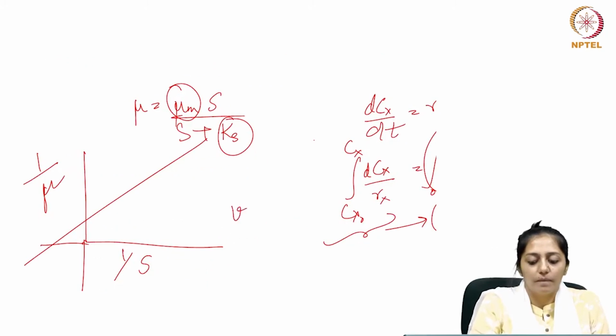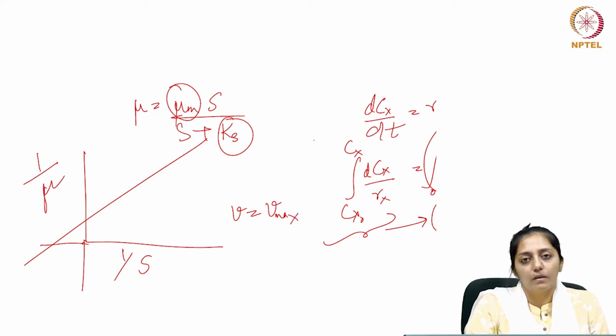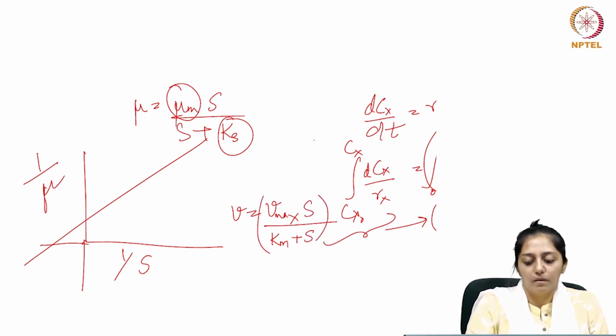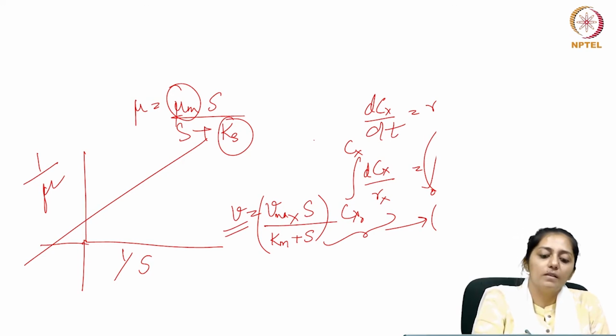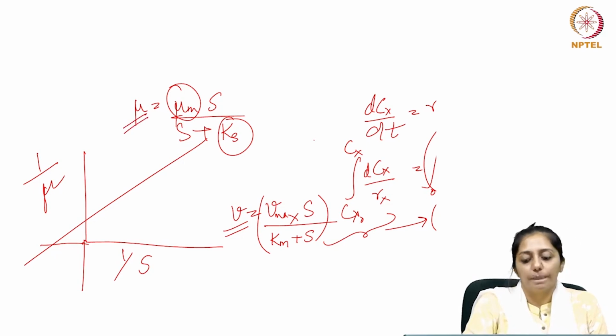Michaelis-Menten was the rate of enzymatic reaction, Vmax multiplied by S over Km plus S. But here it is the rate of enzymatic reaction, and here it is specific growth rate.